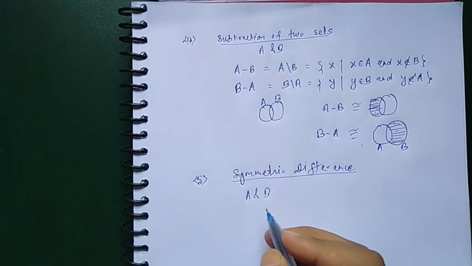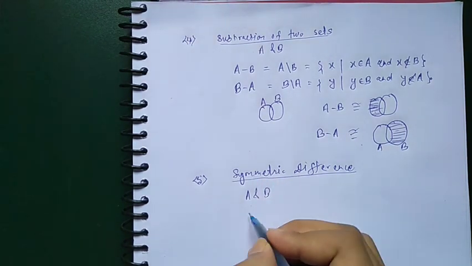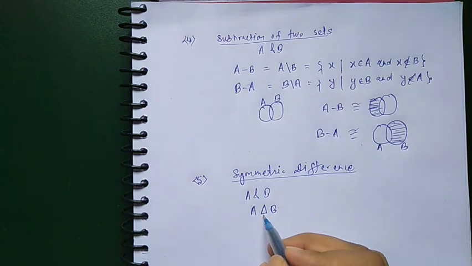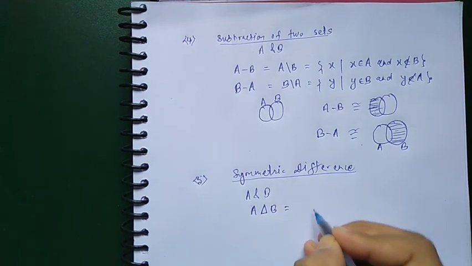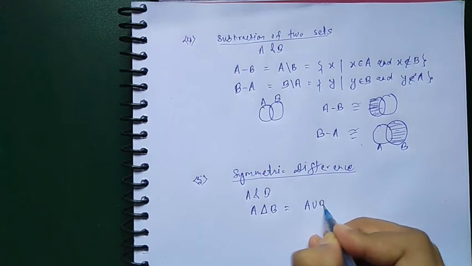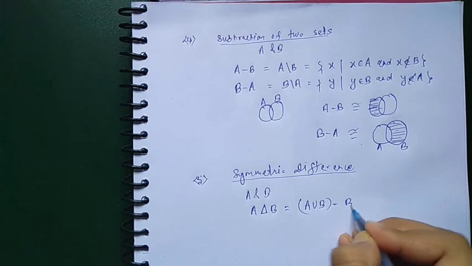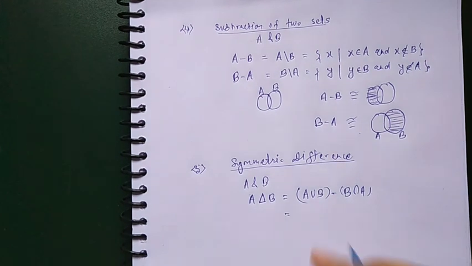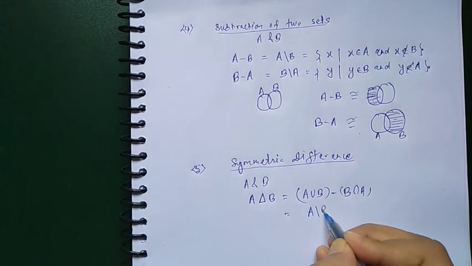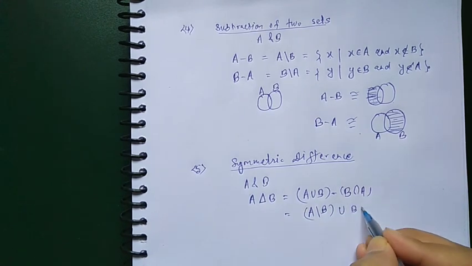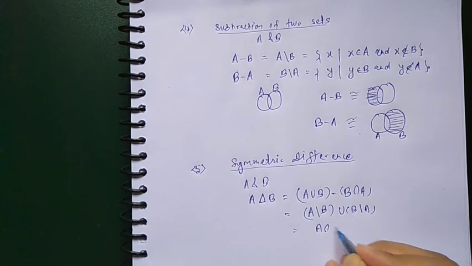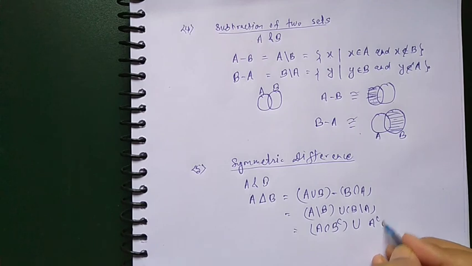Let A and B be two sets, then the symmetric difference of these two sets is represented by the symbol of a triangle, and this is defined as A union B minus B intersection A. Also it can be given as A minus B union B minus A. Also it can be given by A intersection B complement union A complement intersection B.